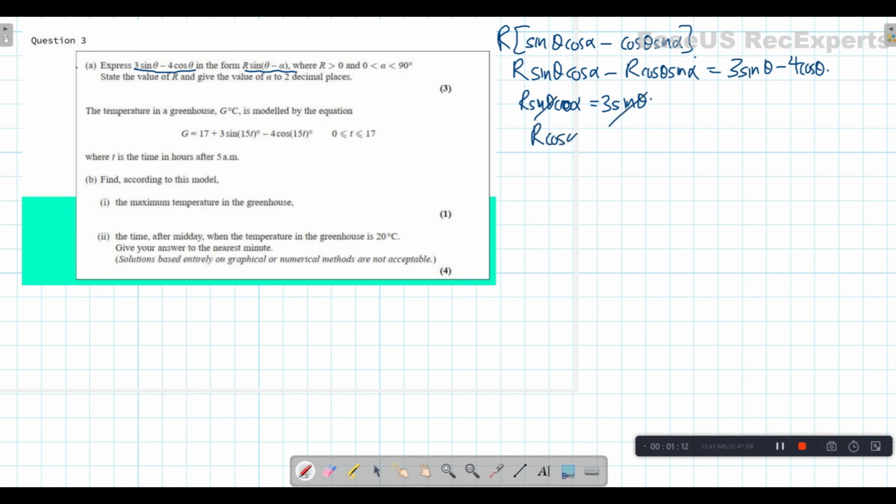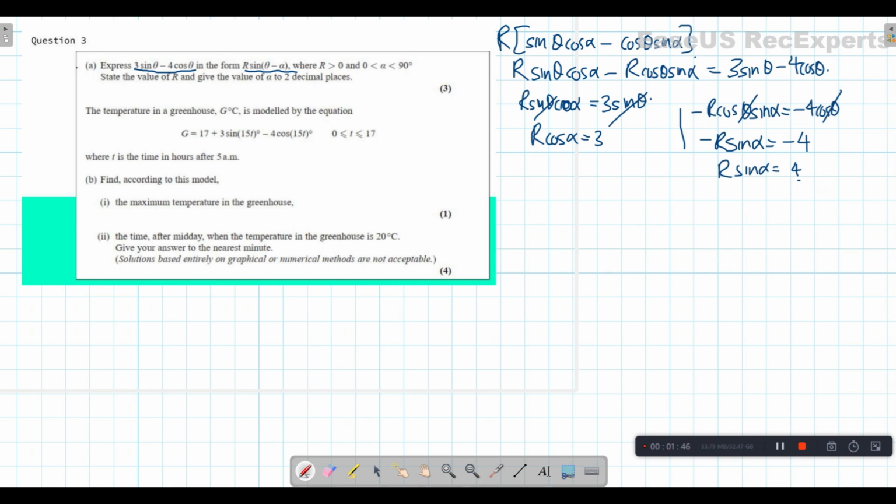R cos alpha equals 3. Next, negative r cos theta sine alpha equals negative 4 cos theta. Cancel these two. Negative r sine alpha equals negative 4. Therefore r sine alpha equals 4.